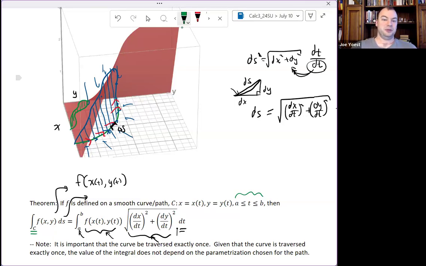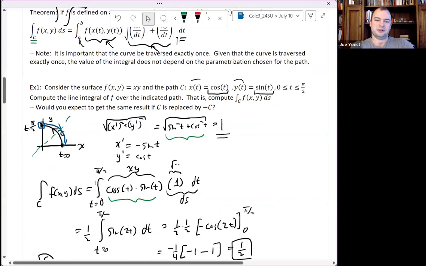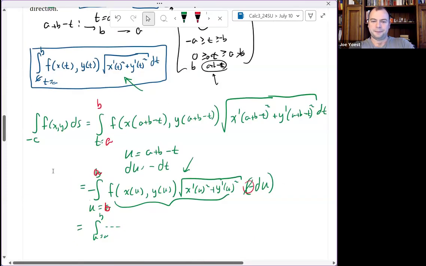So a completely different path gives a completely different result. But if I have the same path, just traversed in the opposite direction, I do, in this case, get the same value for the integral.